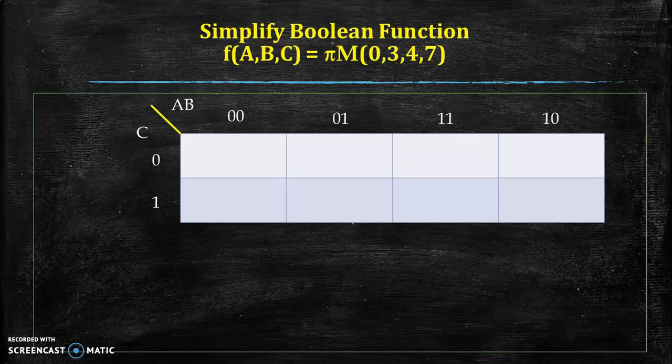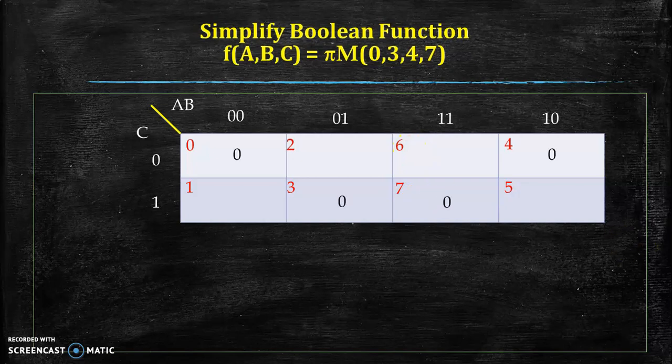We have to write the equivalent decimal number in each cell: 0, 1, 2, 3, 4, 5, 6, 7. Why have we written 11 here and 10 here? That should be very much clear. Accordingly we give decimal numbers 0, 1, 2, 3, 4, 5 and at last 6 and 7 at this point.